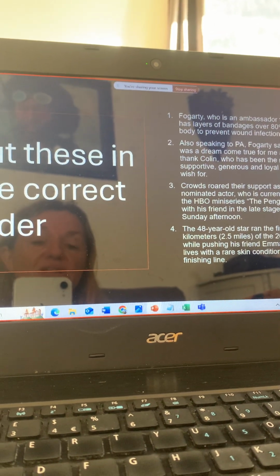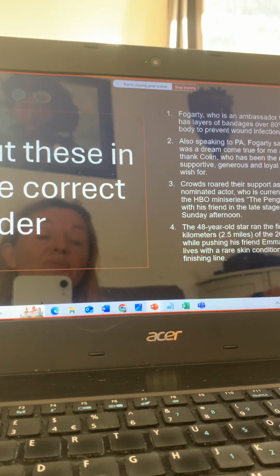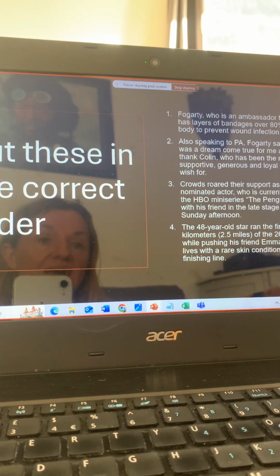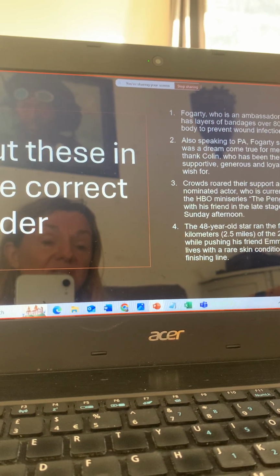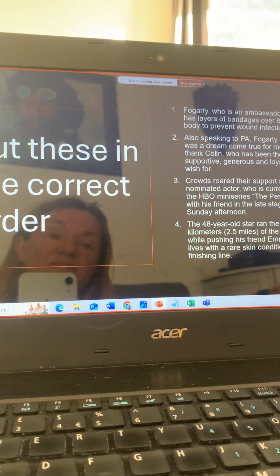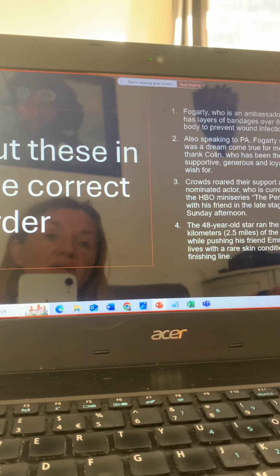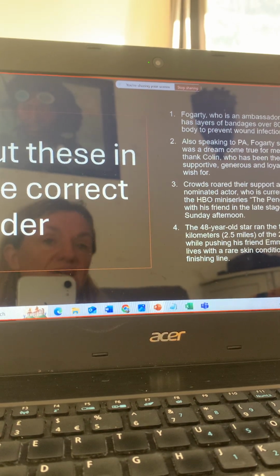The 48-year-old star ran the final 4 kilometres, and I would say that that is correct. And that is correct because it's giving you an outline of what the rest of the article is going to be about. Before we move on, is there anything you notice about the other pieces of information? Does anyone notice any techniques here?